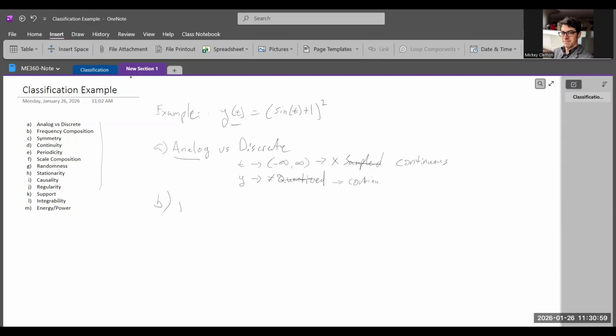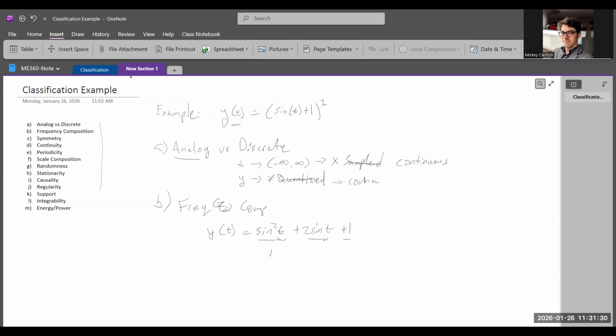B, our frequency composition. Okay, let's go ahead and expand this out. Okay, so we've got three terms. What are the frequencies on these? So here we have a frequency of 1.